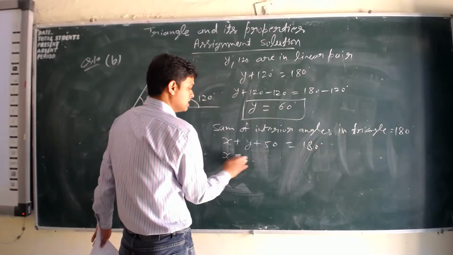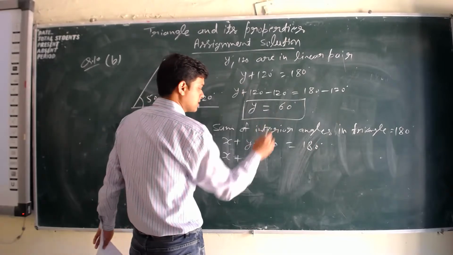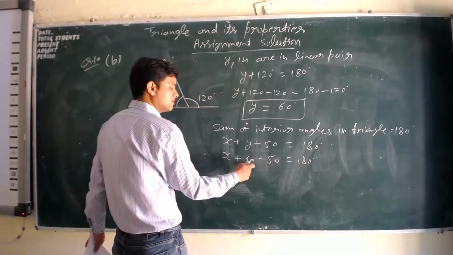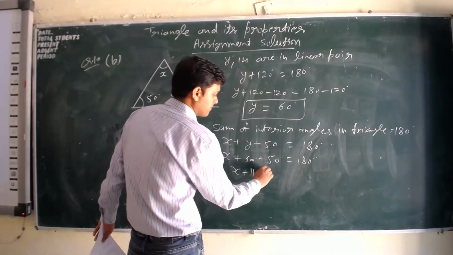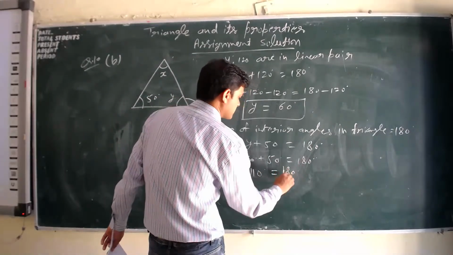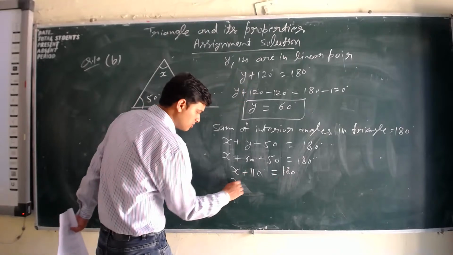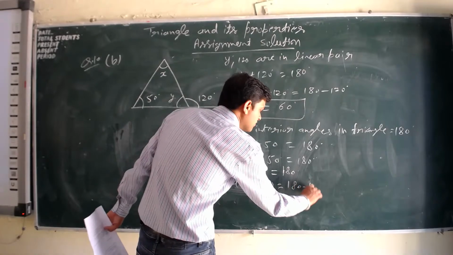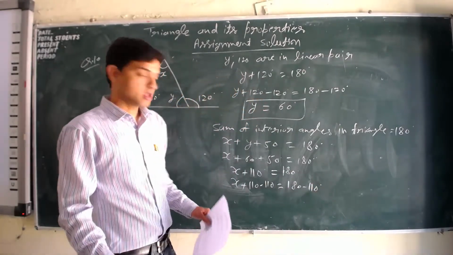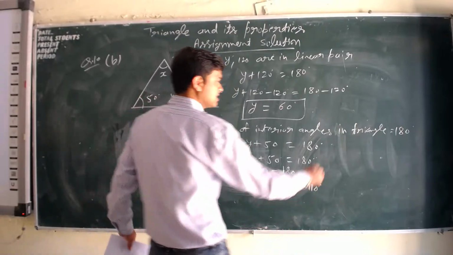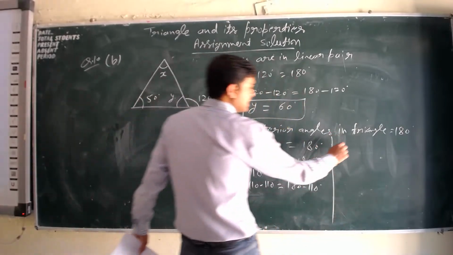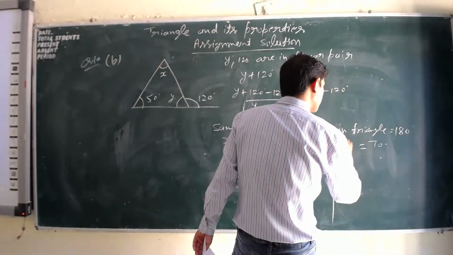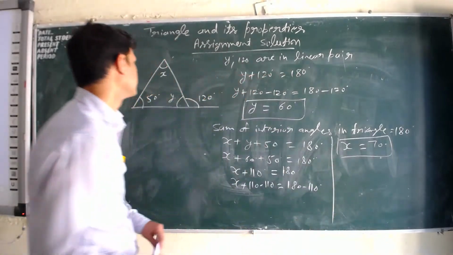Now the value of y is 60, so x plus 60 plus 50 is equal to 180. 60 plus 50 is equal to 110. Now we have to subtract the same amount from both sides, that means 110. 110 minus 110 is equal to 0. It means only x, and 180 minus 110 is equal to 70. Clear? That's your answer. Okay.